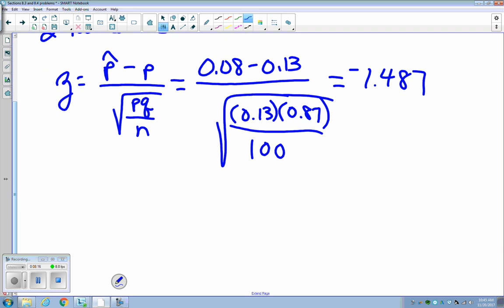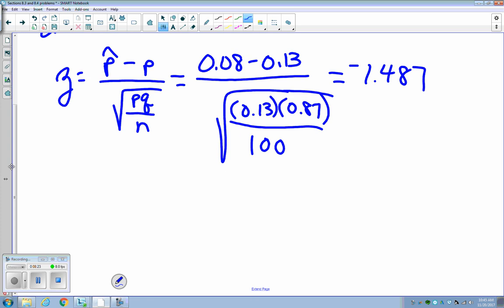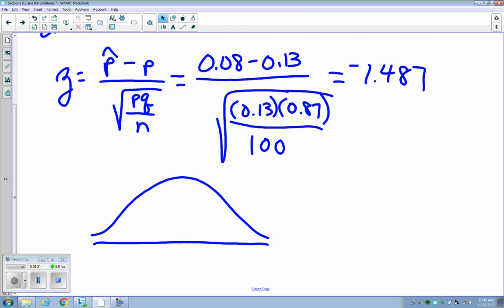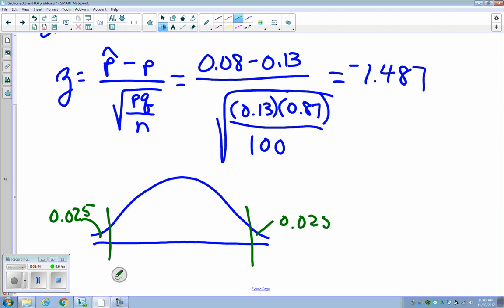So what am I testing at? A level of significance was 0.05, correct? So let's look at our tails. In this tail, I'm going to have 0.025 and 0.025 because I have to split that 0.05 into the two tails.